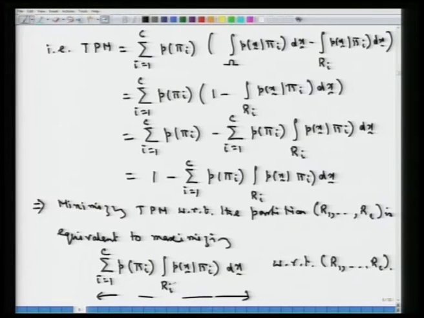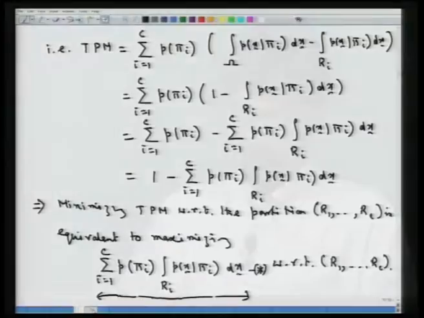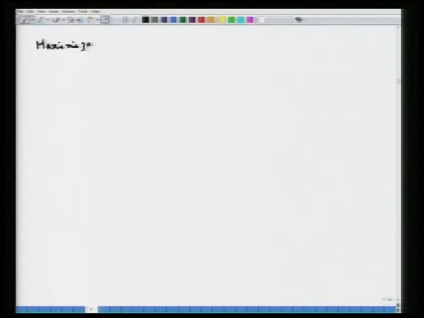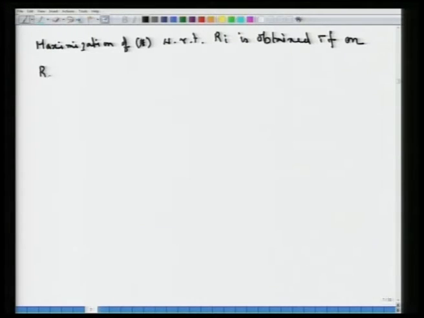So, the optimizing partition which is going to maximize this particular expression, star, is going to be the set of all x's for which the corresponding term p of pi i into p of x given pi i is the maximum. So, what we have finally is that the maximization of star with respect to Ri is obtained if on Ri we have the expression p of pi i into p of x given pi i to be the maximum.